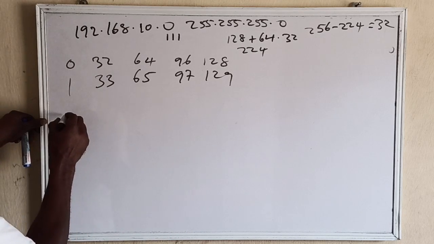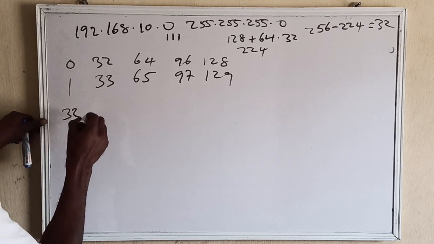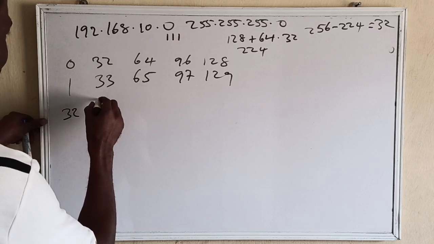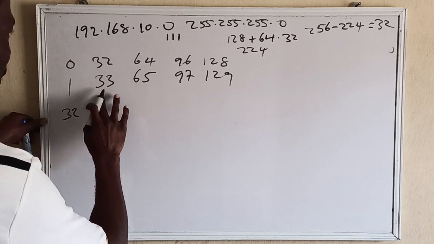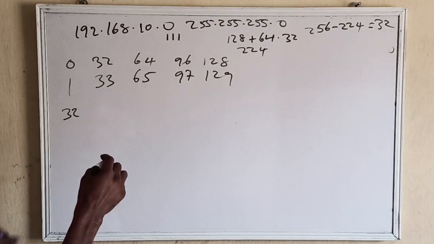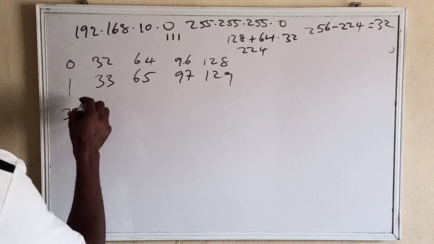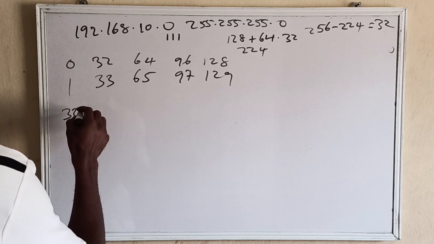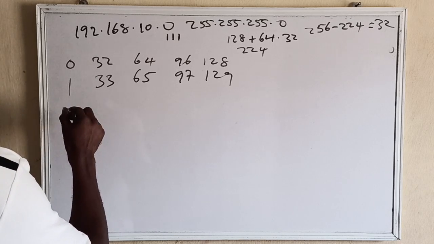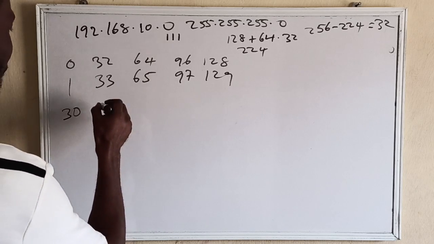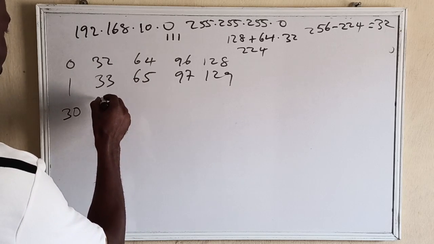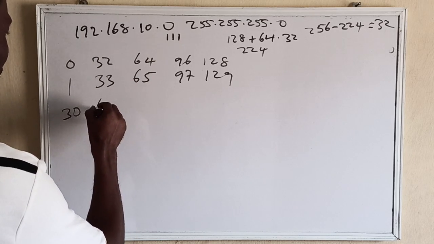Now, from here you have 30, the last valid host of the first subnet. From here you have 62.